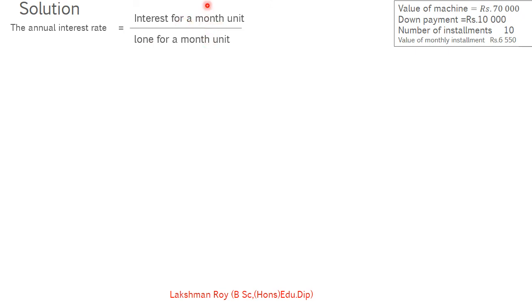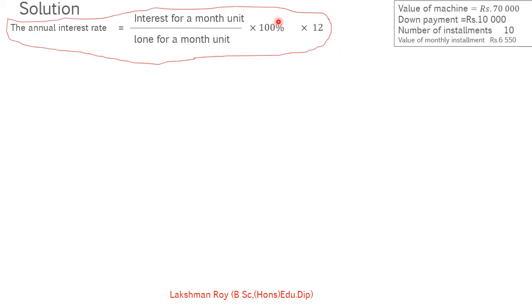If you know those two, then for the loan for a month unit, whatever the interest is on that loan amount, that is the interest for a month unit. On this loan you have to pay this amount of interest. You can convert that into a rate by multiplying by 100. They ask for the annual interest rate, so that should be multiplied by 12.